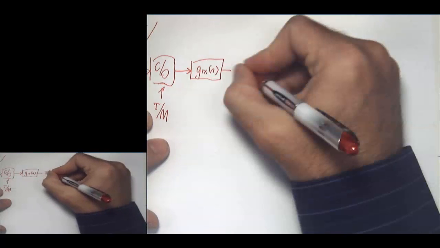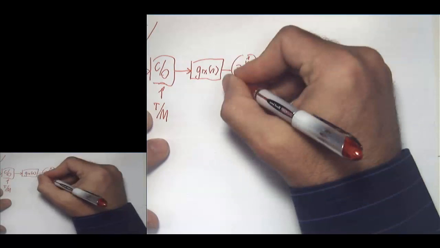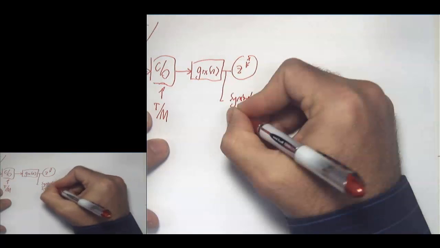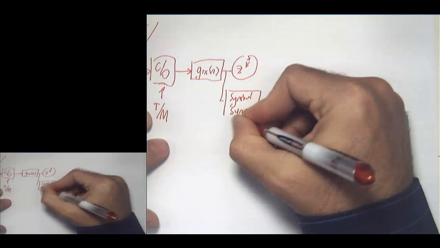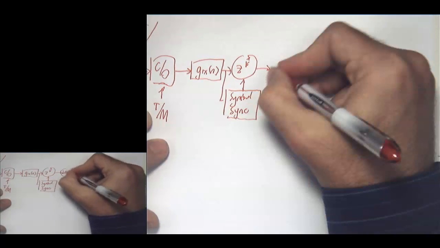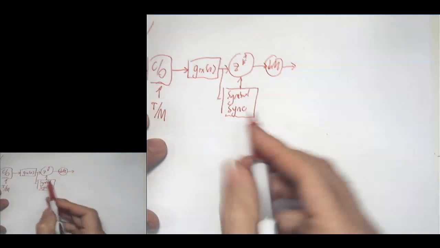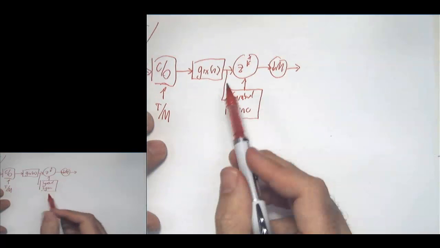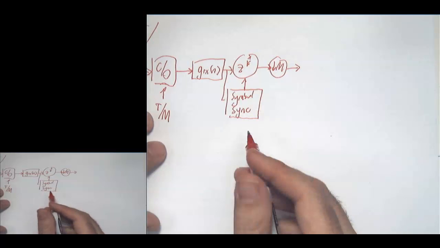We still have the symbol synchronization. We still have the downsampling. Right? So we have all of this because all of this was at the beginning of when we derived the discrete time signal y of n here. So this was like all there already.